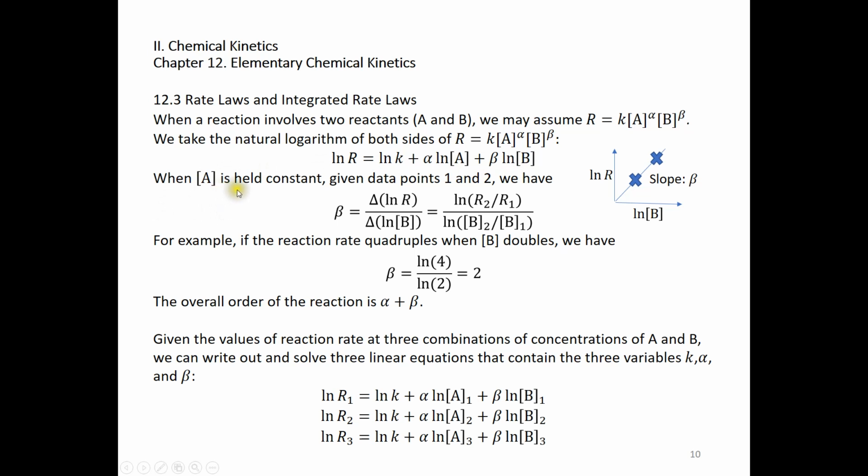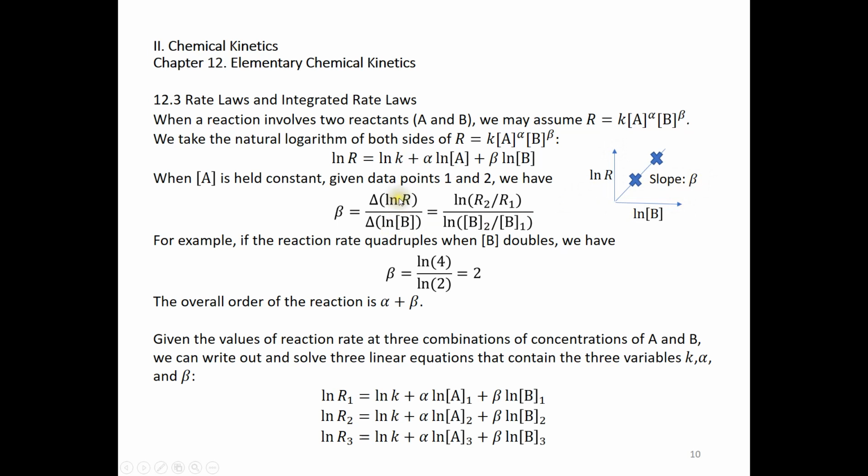Now if A is held constant, again we can hand calculate the value of beta. It's the change of ln(R) over the change of ln(B). The physical meaning of this is just the slope of ln(R) versus ln(B). That's just the slope. But again, we can do the hand calculations as well.